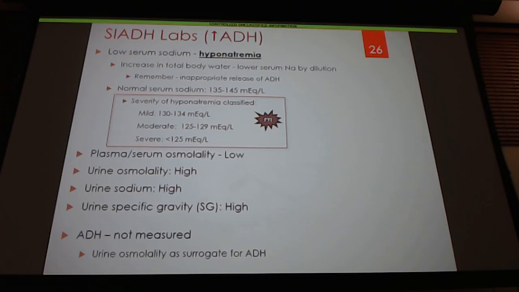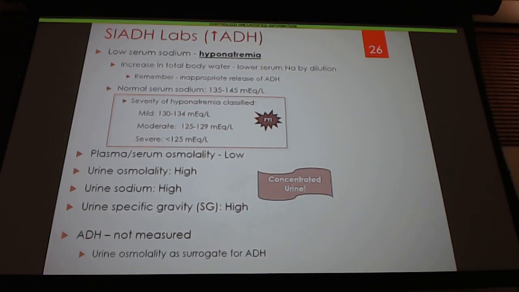Serum osmolality will be low, right? Because the concentration is diluted. And then we have this very concentrated urine. High urine osmolality, right? So we're looking at the solutes in the urine. It's high, concentrated. Urine sodium is high. Urine specific gravity. So if they take that cup of urine and I look through it, it's going to be really dark. I'm not going to be able to see through it, right?